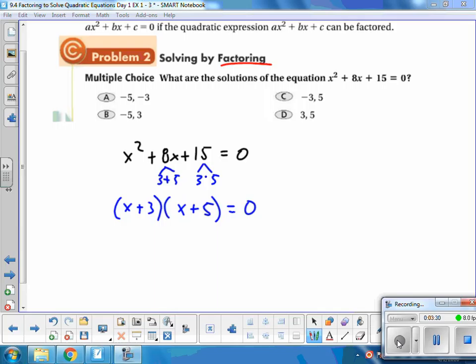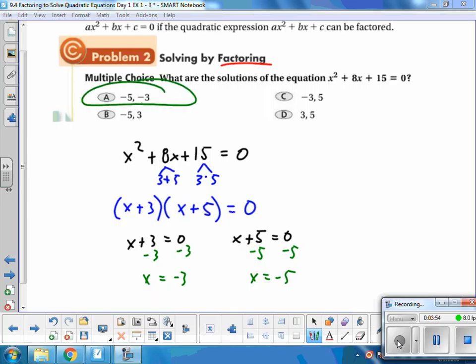And then I can do x plus 3 equals 0 and x plus 5 equals 0. Minus 3, minus 5, and end up with x equals negative 3 and x equals negative 5. So I'm looking for the solutions where the x-intercepts are negative 3 and negative 5. A would be my answer for this one.